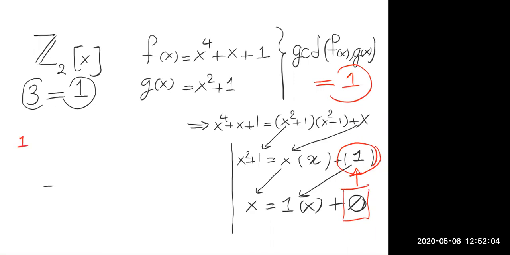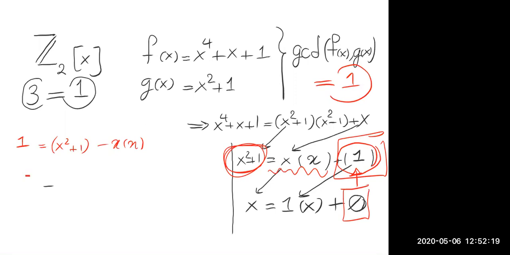Here 1 is equal to x squared plus 1 minus x times x, right? If I take this x times x to the other side. Let's keep x squared plus 1 minus x times, rather than x, I replace x by what I have here.